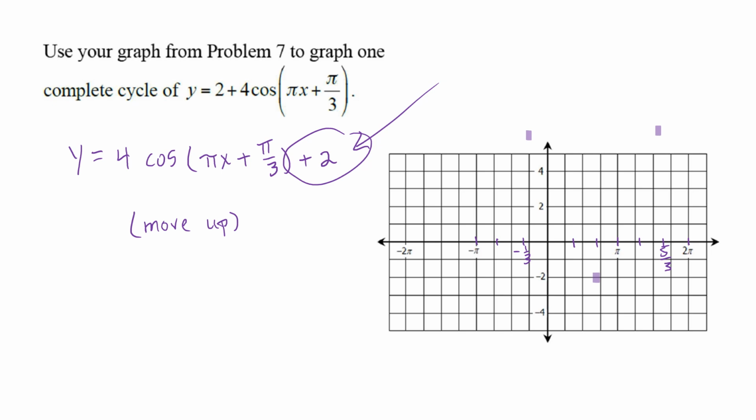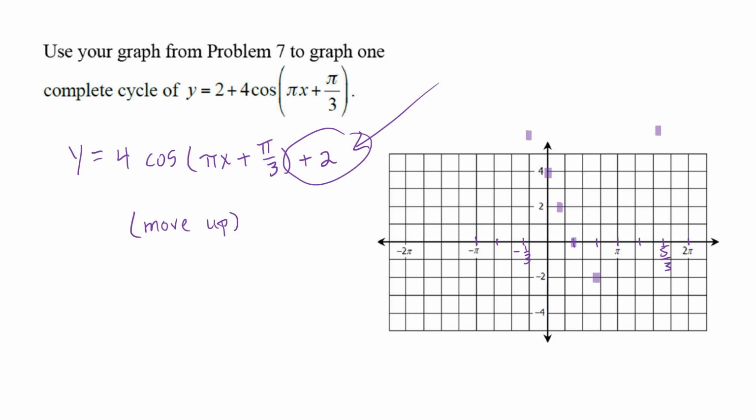So now I'm going to be at 4. Then I was kind of halfway in between 0 and 1 over 3 or pi over 3, which would have been pi over 6. And that was at 1, so now it's going to be at 2. And then for 1/3, that was at -1, and so now that would be at 0.